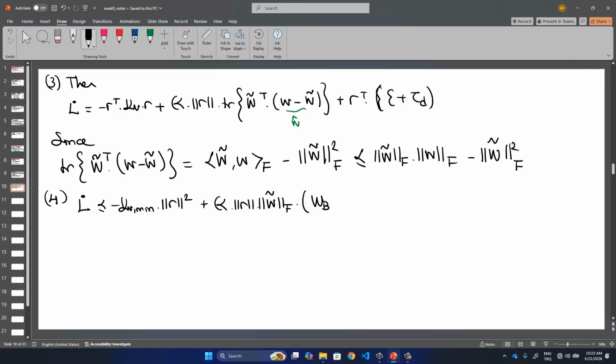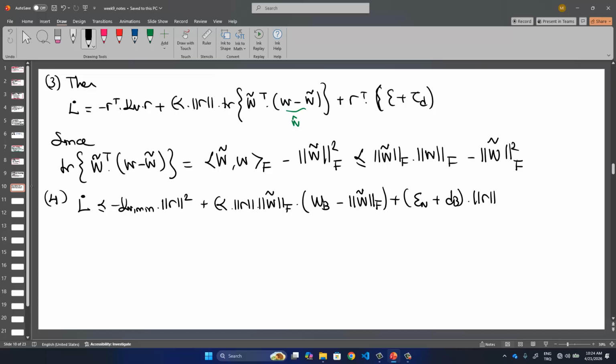This coefficient is bounded with W bound. We can use it right now. Okay, and minus the Frobenius norm of W tilde squared plus (epsilon_N plus d_B) times norm of R.